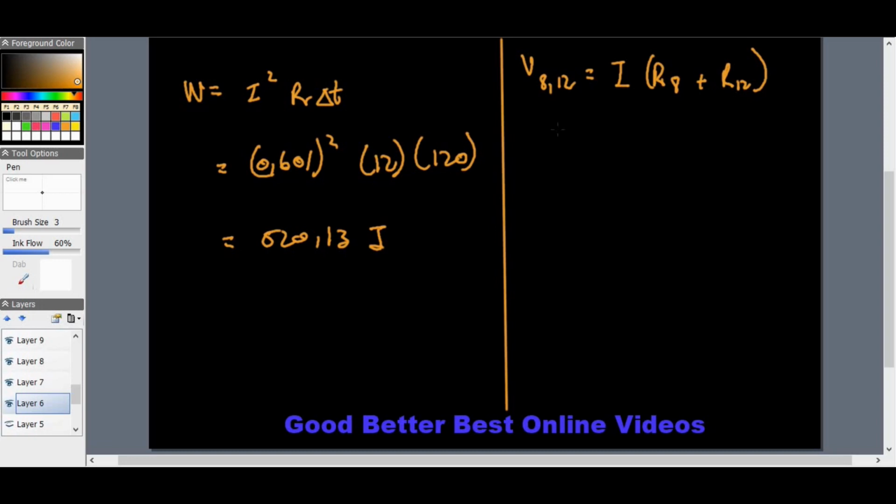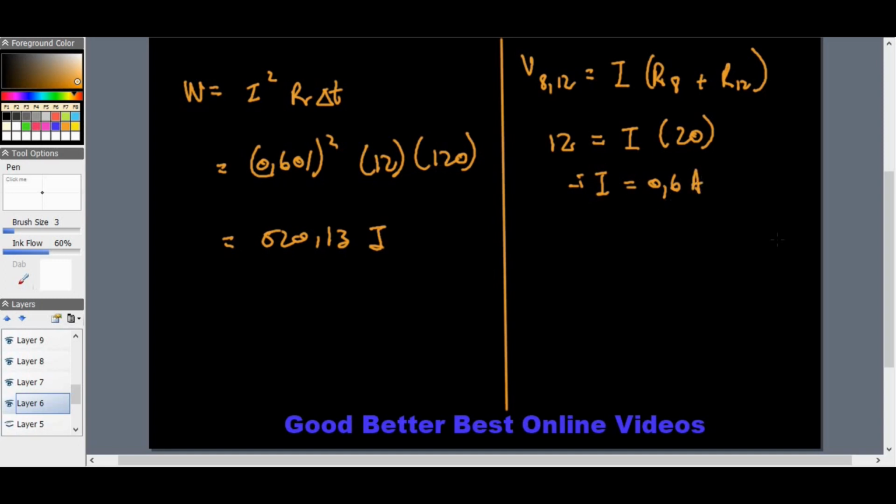So the voltage again is 12, and we've got current, which is unknown, going through that section. 12 plus 8 is obviously 20. Divide both sides by 20, and therefore current will equal 0,6 amps. Very similar to 0,601.